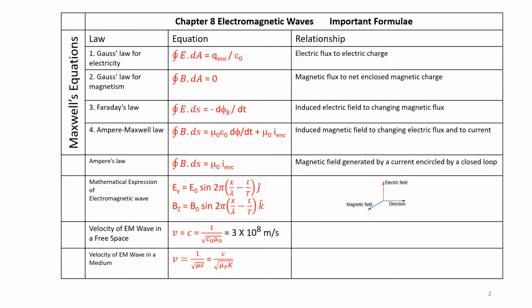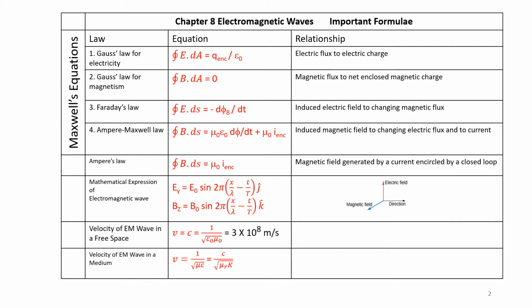That is, it is adding a displacement term to the conduction current. The original Ampere law, which was not meeting some of the requirements, was integral B dot dl equal to mu naught I enclosed. This was later modified by Maxwell. This is the final law.